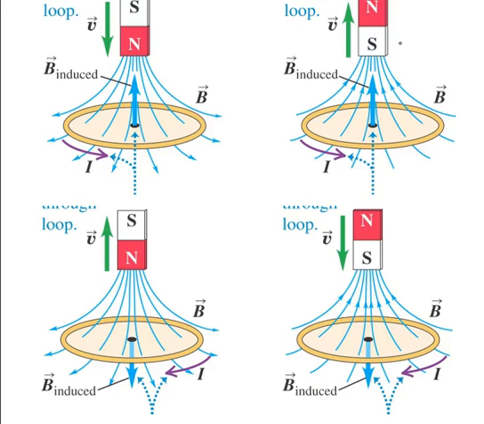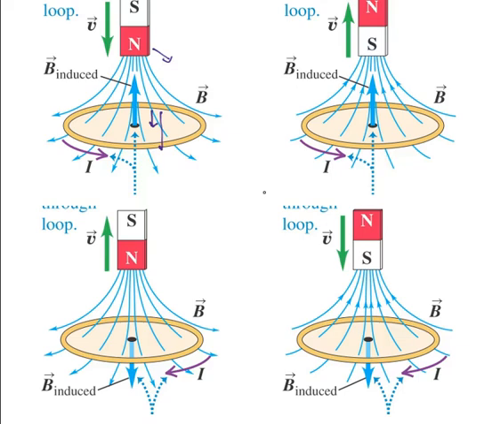Okay, so let's see how this works. So in this first example, we've got a north pole, and you know that means that the magnetic field is going away from the north pole. So generally speaking, the magnetic field is going down, and it's getting stronger with time, right? Because the magnet is getting closer.